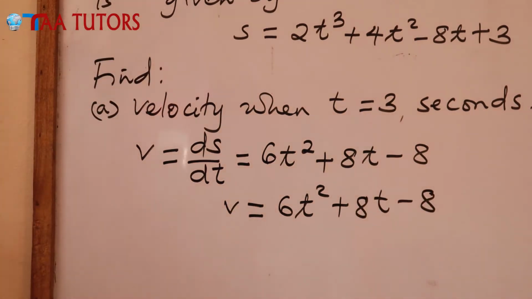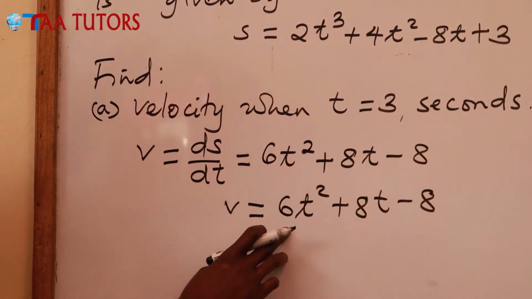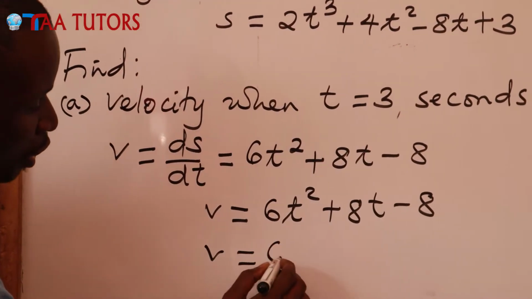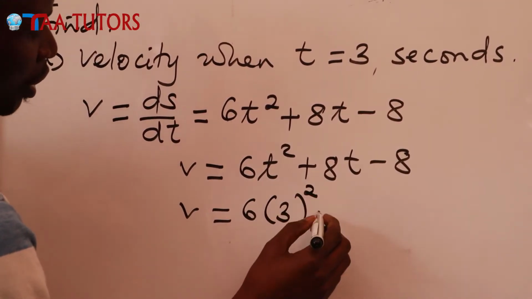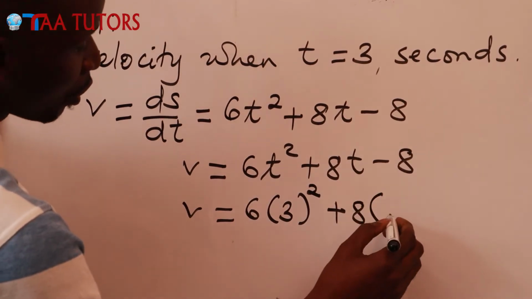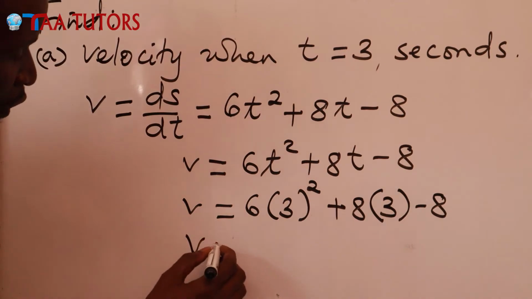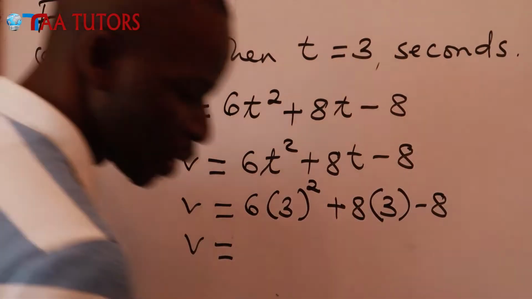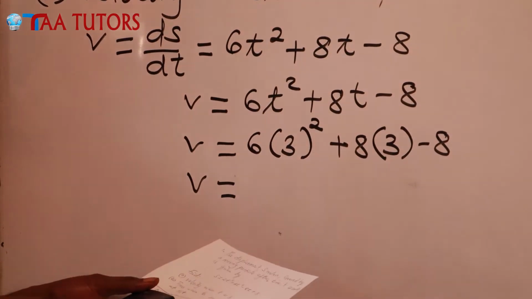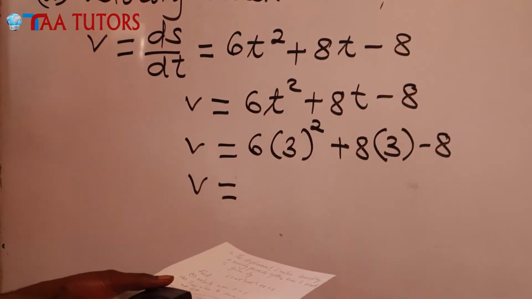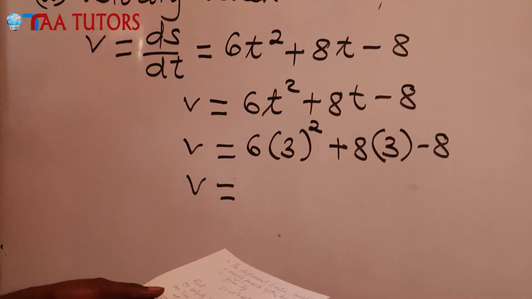Now that we have the velocity function, we need to get the velocity when time is equal to 3. So let me substitute 3 here. So v will be 6 into 3 squared plus 8 into 3 minus 8.